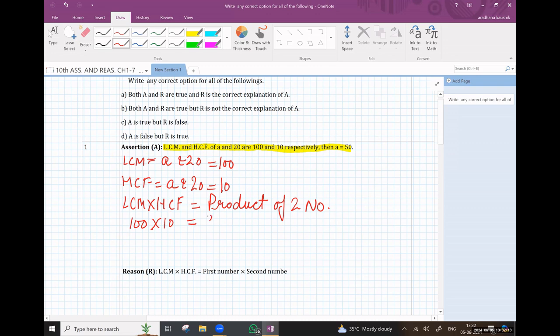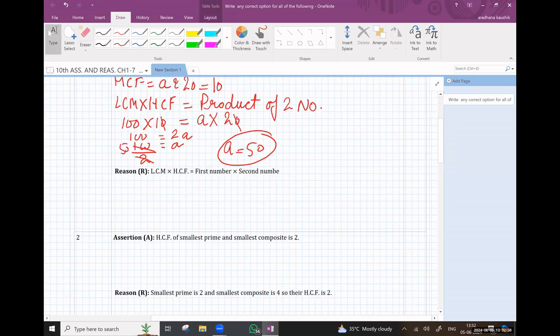The two numbers are A and 20. So on simplifying these, we'll get 100 is equal to 2 of A and A will be 100 by 2. So this is 50. Here what we get? A is equal to 50 as it told in the assertion.